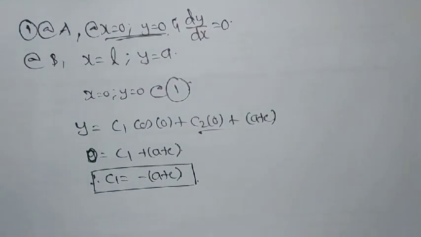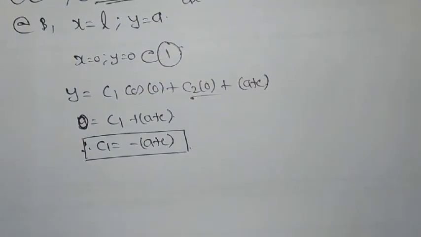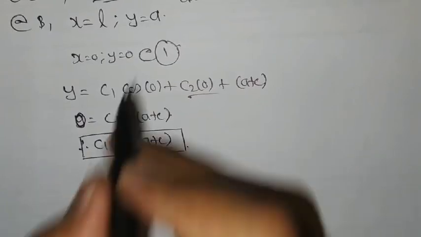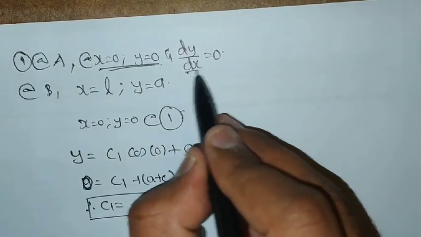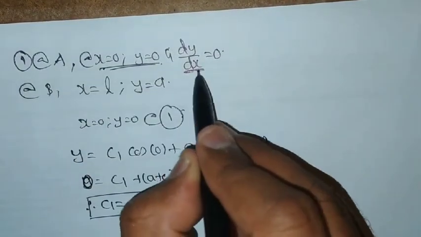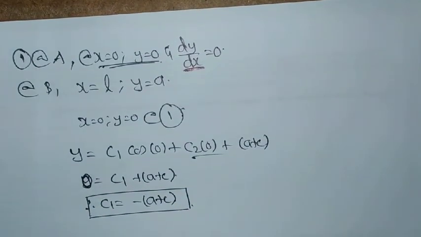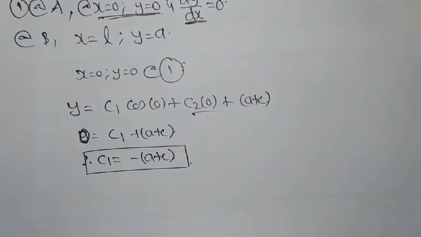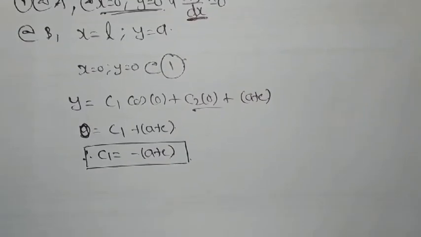Next, to find out the value of c2, we have to substitute the second boundary condition, that is dy by dx at x is equal to 0, dy by dx is equal to 0. To find that, we have to differentiate equation 1 once with respect to x.